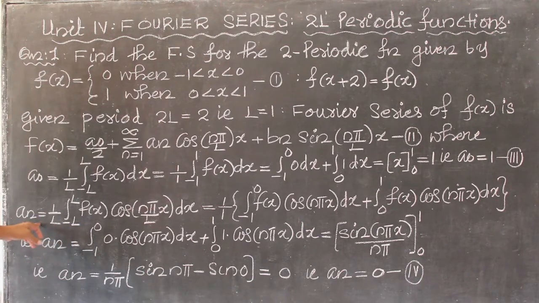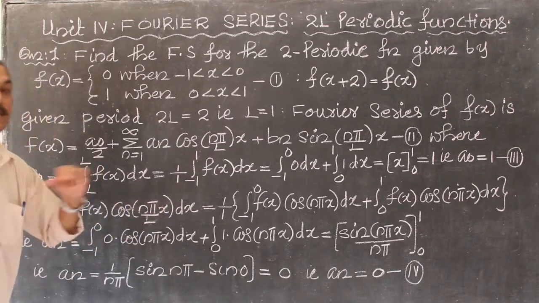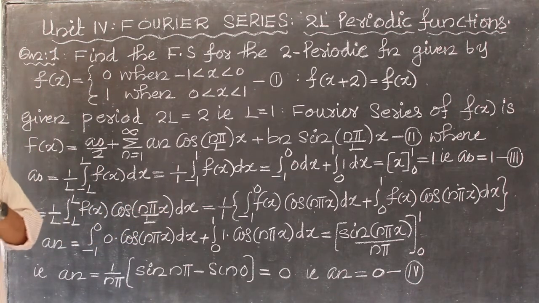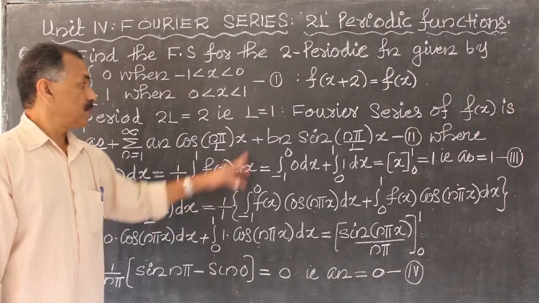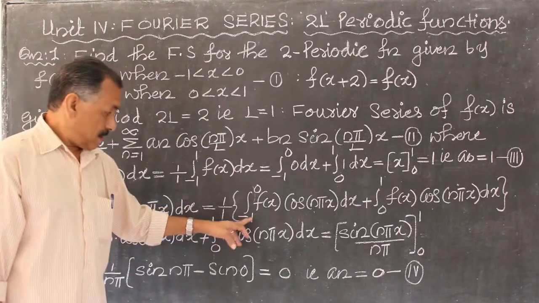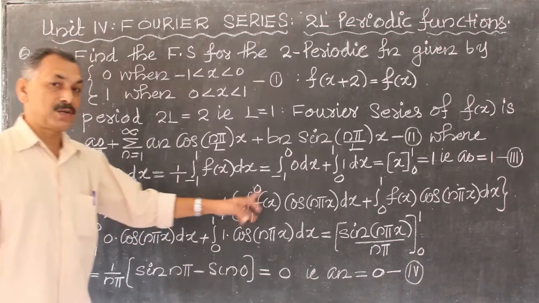an is equal to 1 by L integral from minus L to L of f of x into cos n pi by L x dx. That is 1 by L, where L is equal to 1, integral -1 to 1. Minus L to L means -1 to 1.